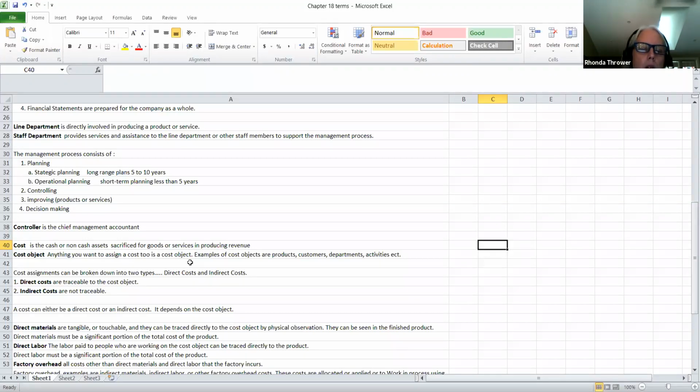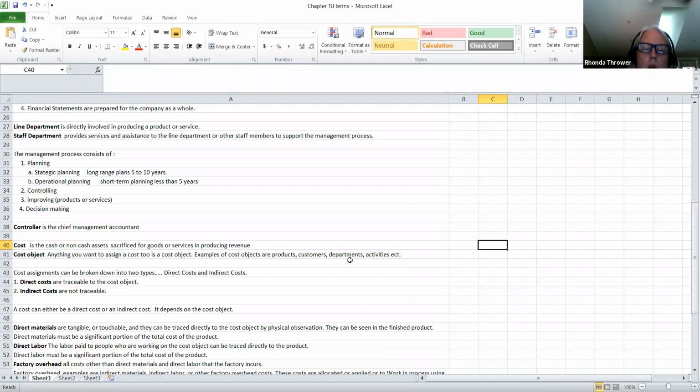For example, a lot of times we want to assign cost to the products that we're manufacturing, or the services that we are rendering for a customer. Products or services can be a cost object. Our actual customers, their sales can be a cost object. A department could be a cost object.